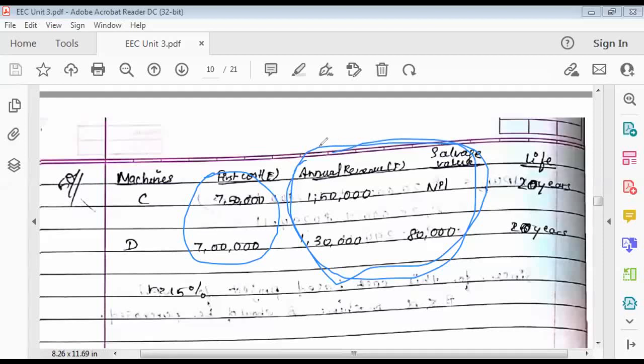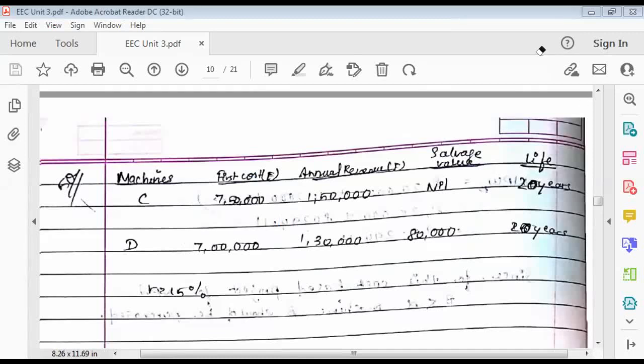So in this question, the revenue dominates the cost. And the decision rule says that the project with the maximum FW amount should be selected, because this is a revenue based case.